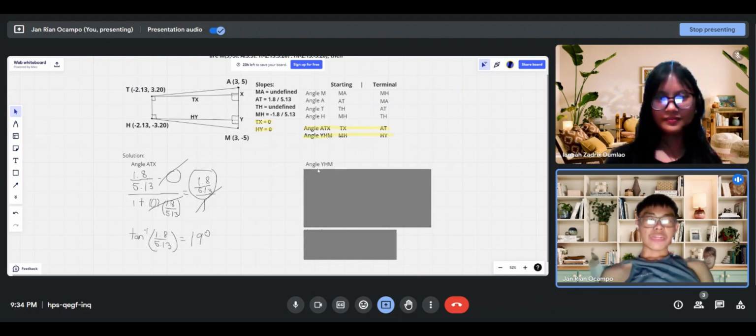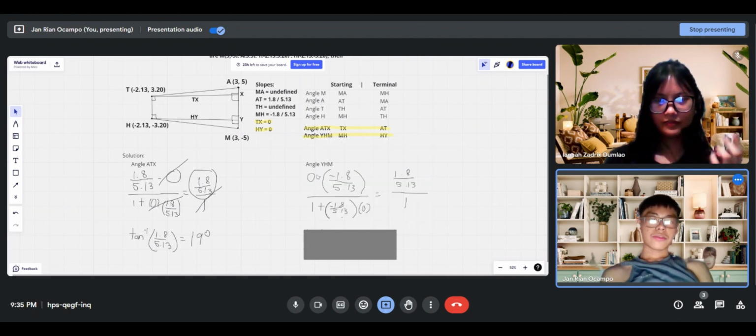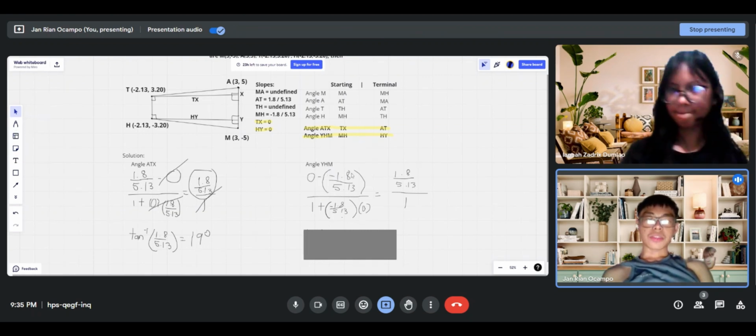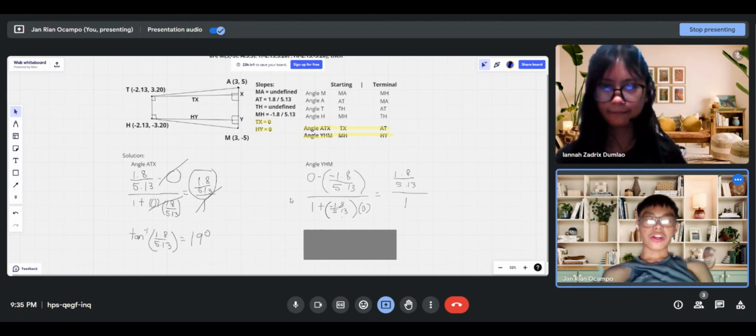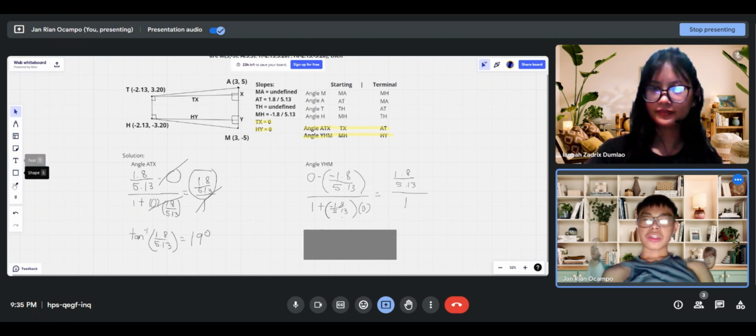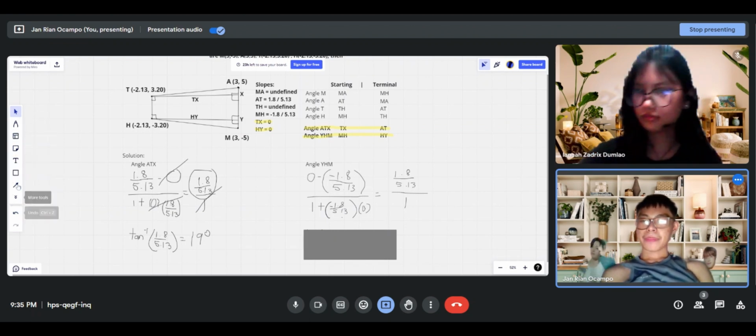Next, we have angle YHM. So we substitute yet again with 0 minus negative 1.8 over 5.13. To erase the double negative, this becomes a plus, all over 1 plus negative 1.8 over 5.13 times 0. So again, we need to cancel this out.